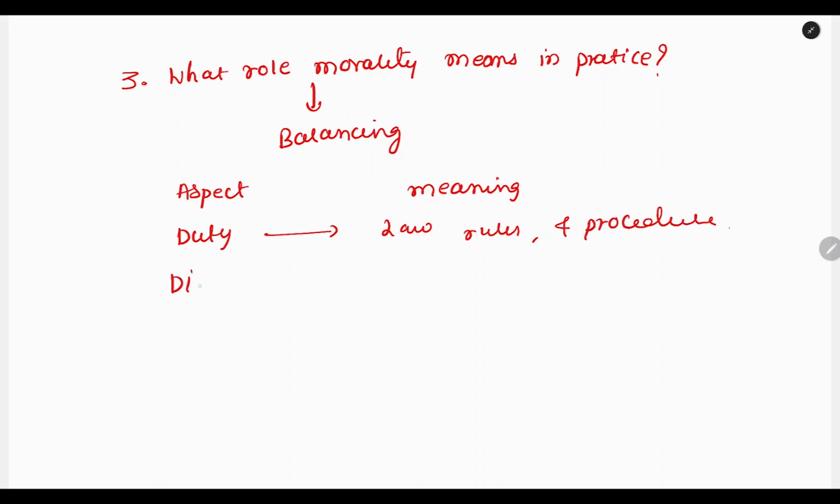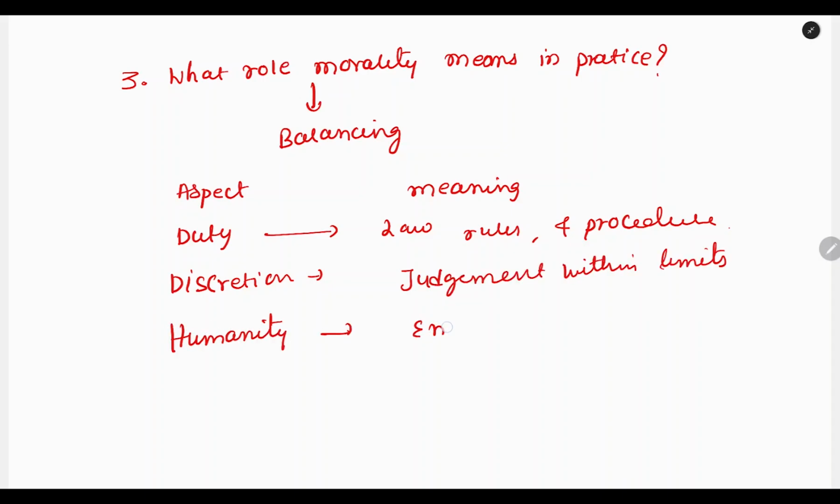The next aspect is discretion, which is judgment within limits. The third aspect is humanity, which is empathy without arbitrariness.